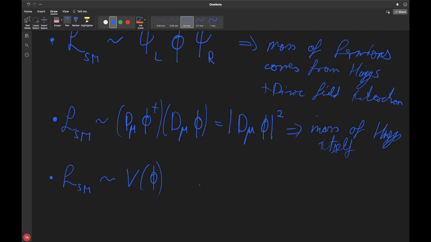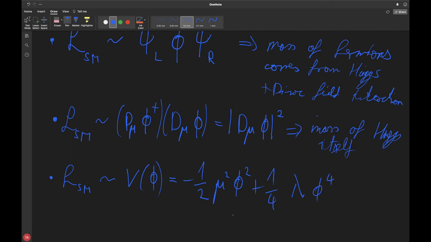And so this V is described by the function minus 1/2 mu squared phi squared plus 1/4 lambda phi to the 4. The mu is not a four-index, and the lambda is not a polarization.